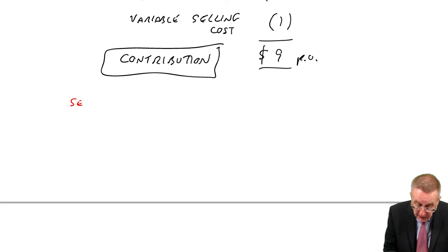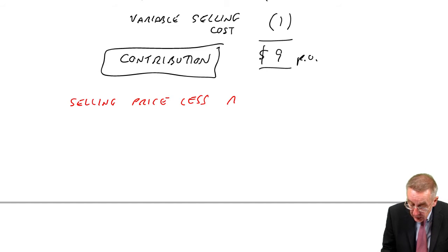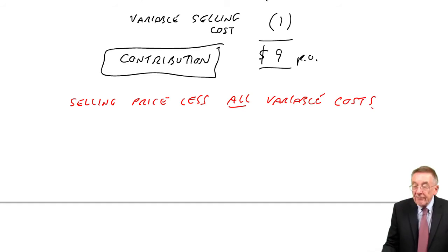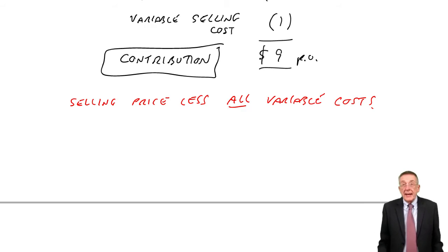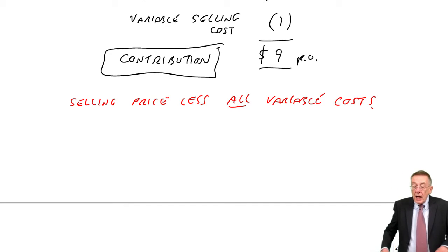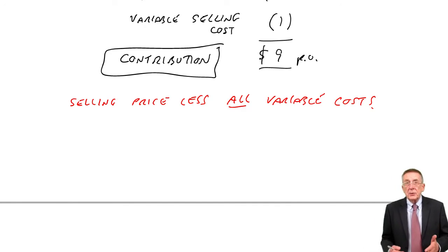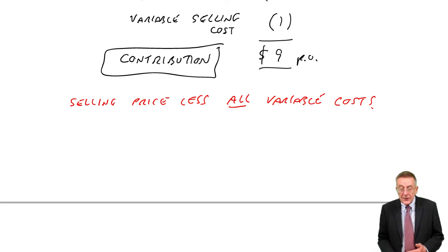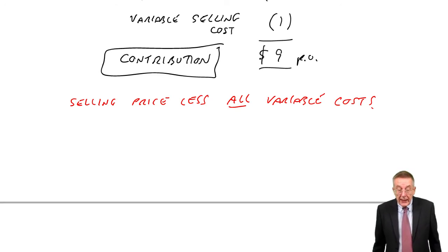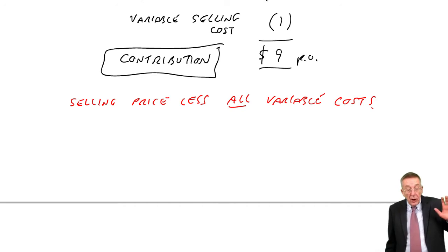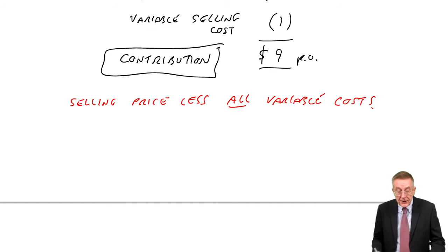It's the selling price less all variable costs. I say all, because usually in exam questions of this type, there are no selling costs. The only costs are production costs. But I just wanted to make it clear, the contribution is the selling price less all variable costs.